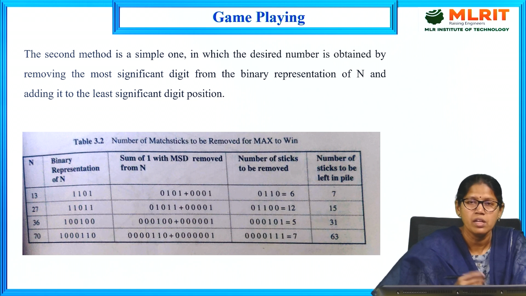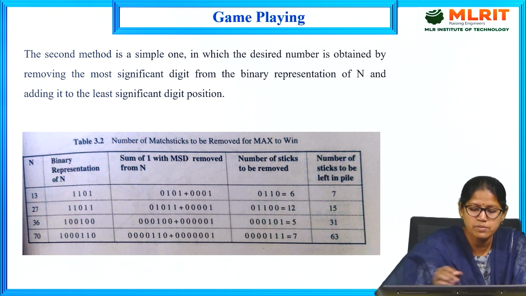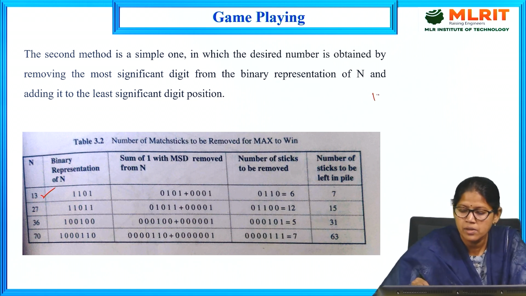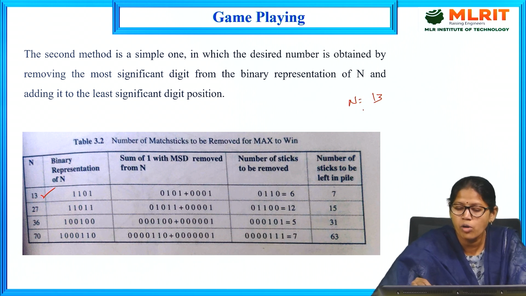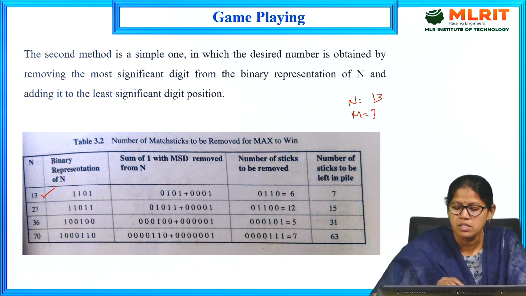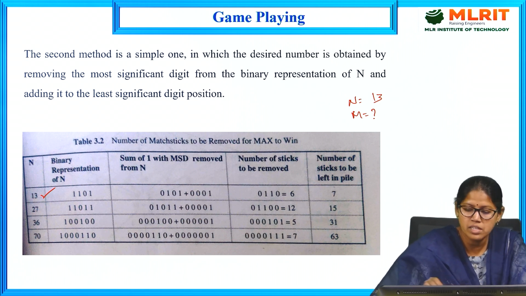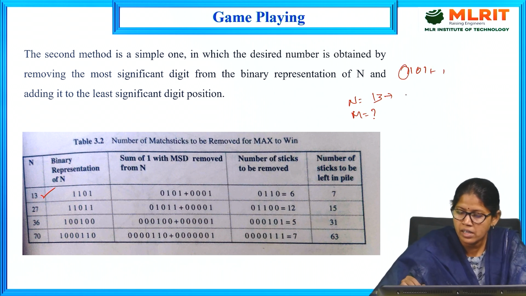Another strategy is, for example, there are 13 matchsticks, means n equal to 13. So how many matchsticks need to be left by the max? Here there is another strategy. Convert this 13 into binary form. Next, remove the leading one and add: 0, 1, 0, 1 plus 0, 0, 1.